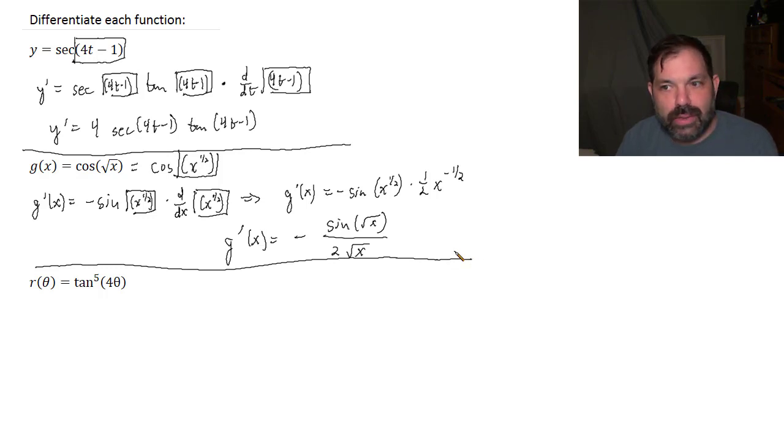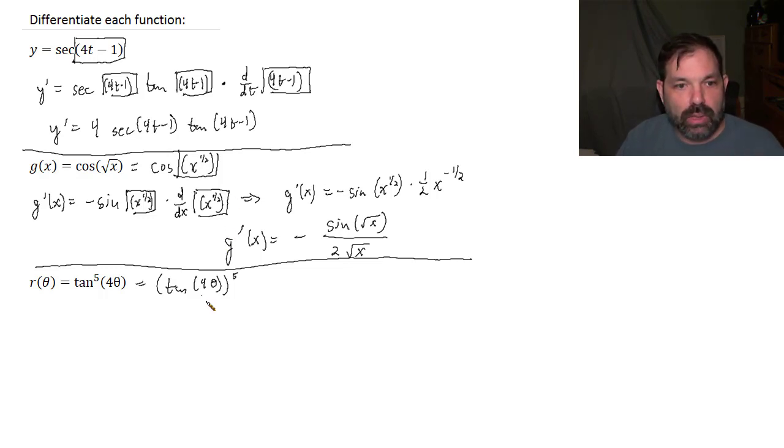All right, and then we have tangent fifth of 4 theta. Now this was a little trickier. This is the same as writing the tangent of 4 theta all raised to the 5th power. If we look at this expression, it's actually multiply composite, right? We have something raised to the 5th power, but on the inside we're also taking the tangent of something.